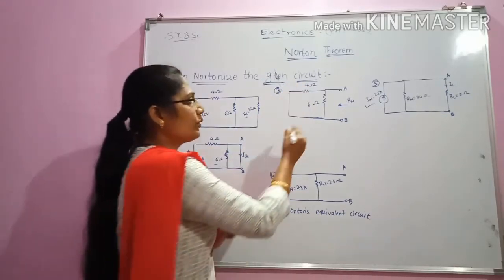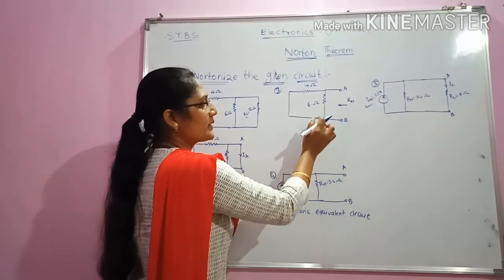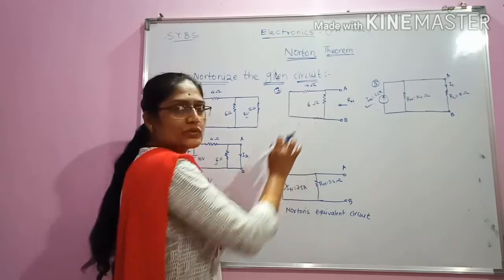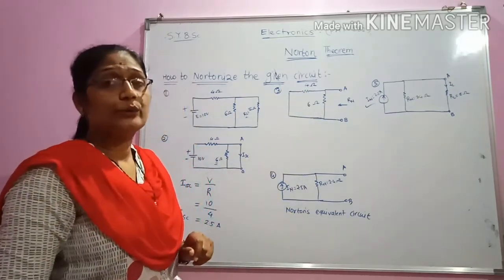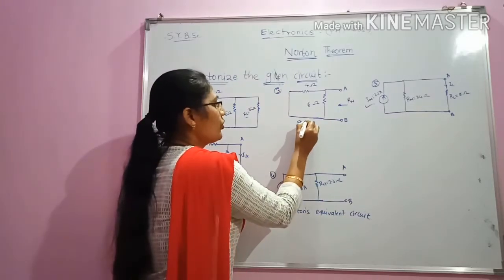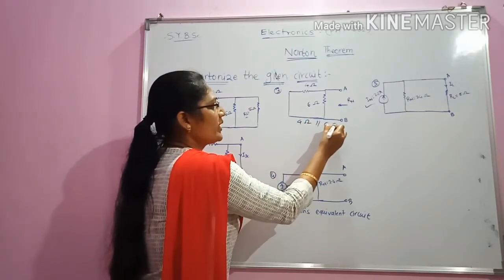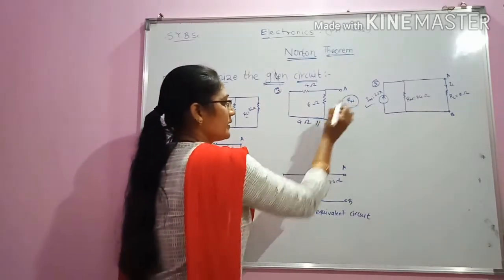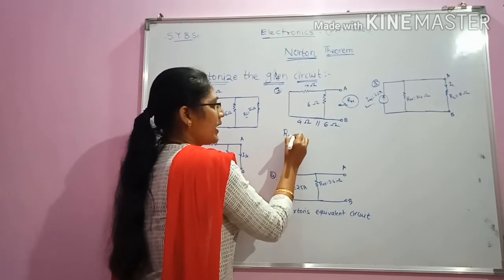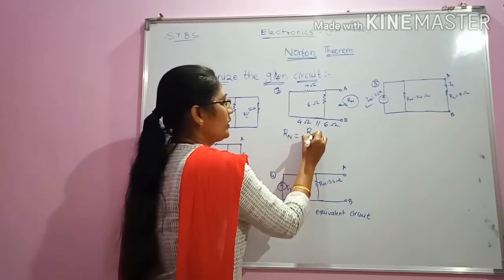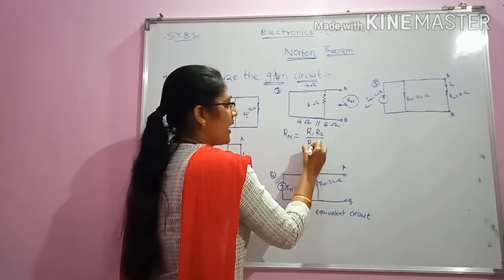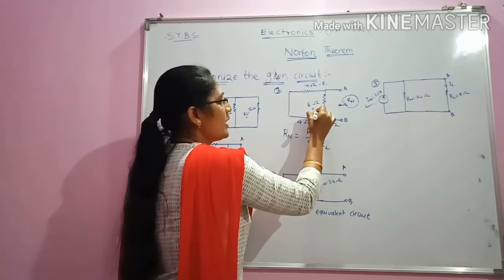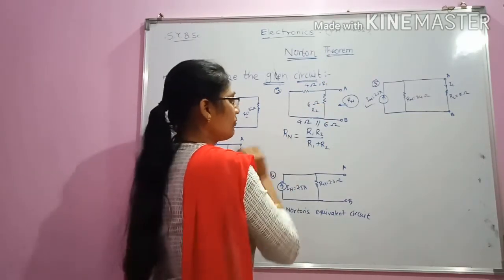Now if we look at the circuit from the Rn side or AB side, then this 4 ohm and 6 ohm resistances are parallel to each other. Therefore their resultant, or the equivalent resistance Rn, can be given as R1 R2 divided by R1 plus R2. If this value is R1 and this value is R2, then this will be the value of Rn.